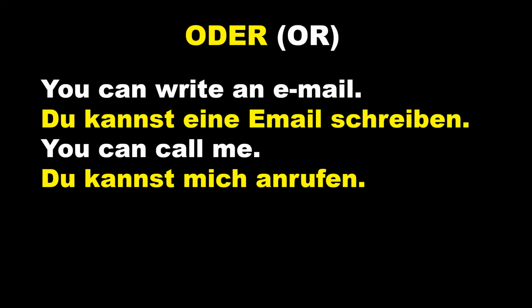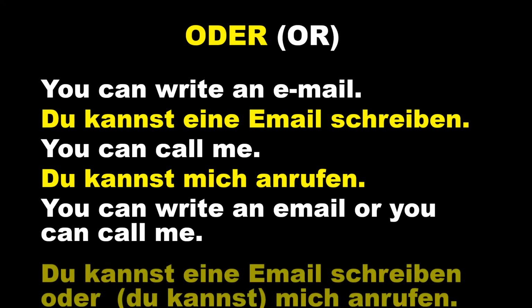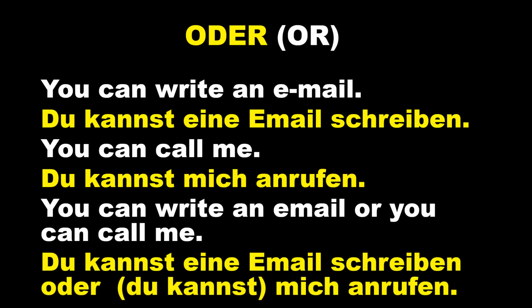Now we have to combine these two sentences and make one sentence using the connector. You can write an email or you can call me. The German translation will be: Du kannst eine E-Mail schreiben oder mich anrufen.